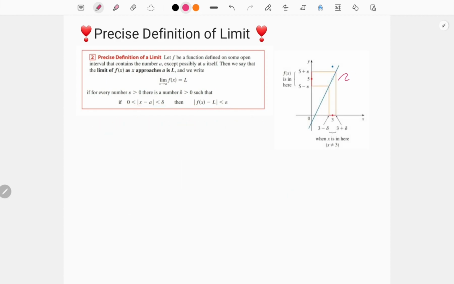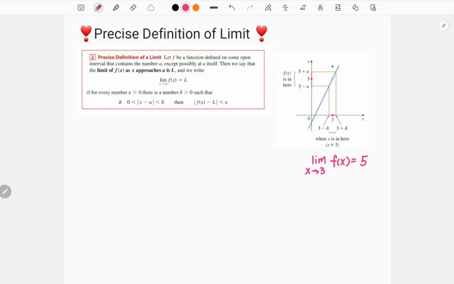Let's look at the graph on the right side. So we can write the limit as x approaching 3 in the following way. I think this we're pretty familiar with already. Limit as x approaches 3 of f of x is going to equal 5.